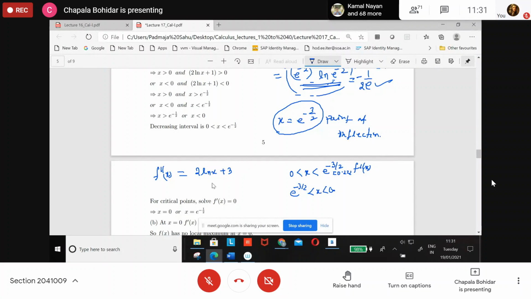Which one are you considering? I am asking you. Ma'am, 0.1. Okay, so find out f double dash of 0.1. What are you getting? Negative. Yes, ma'am, negative.